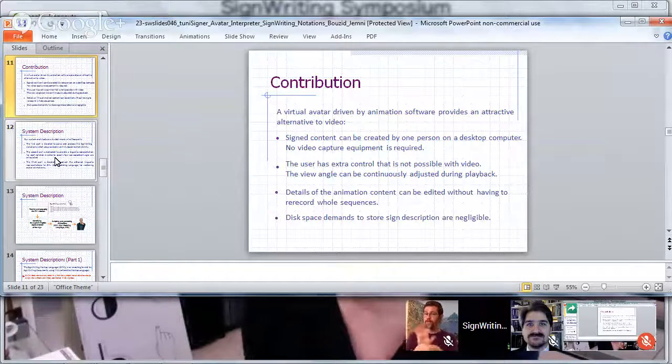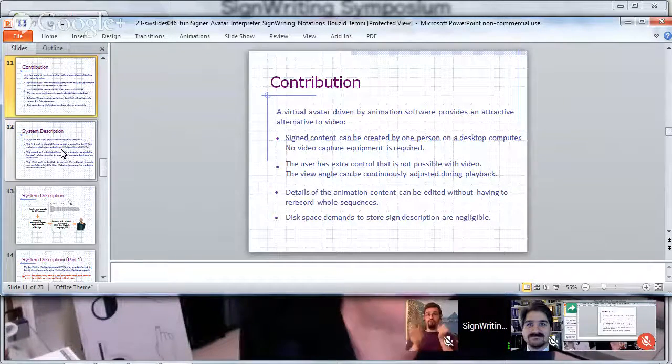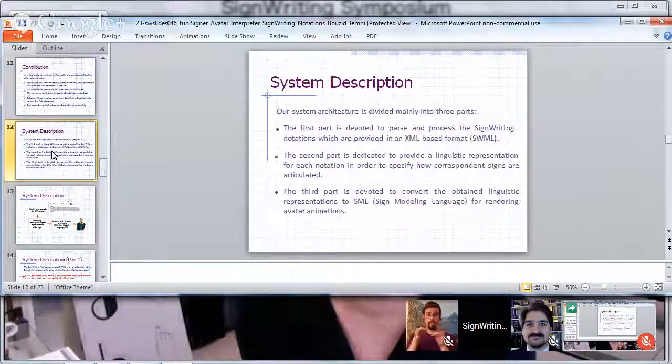The view angle can be continuously adjusted during playback. Details of the animation content can be edited without having to re-record the whole sequence. Disk space demands to store sign descriptions are negligible.